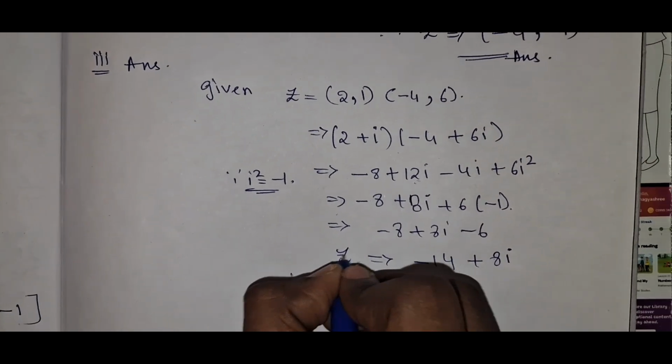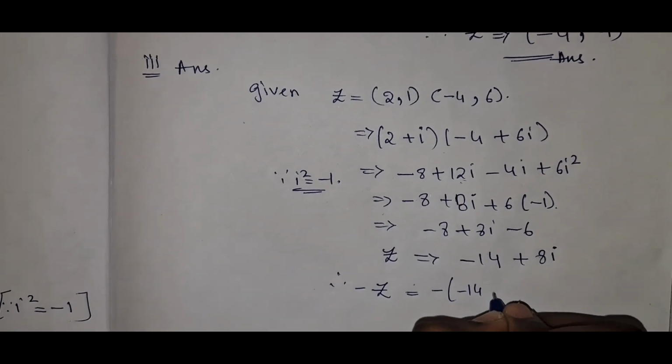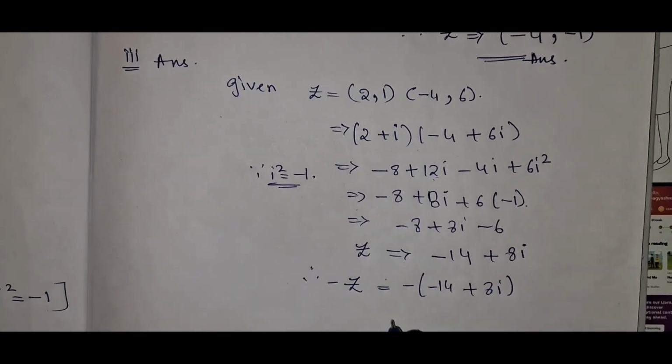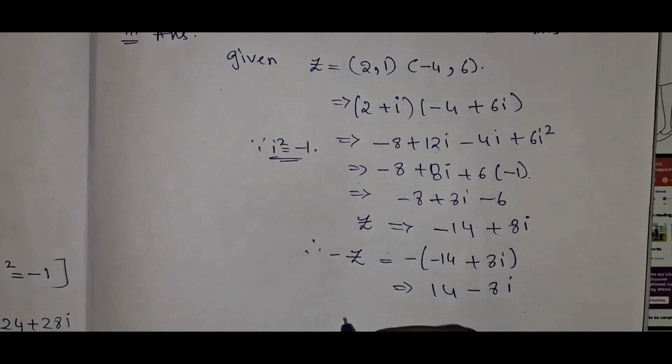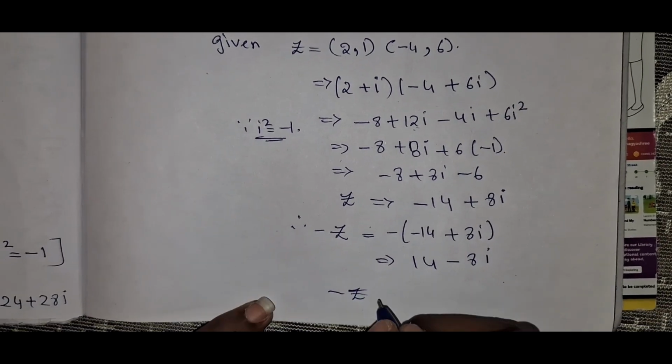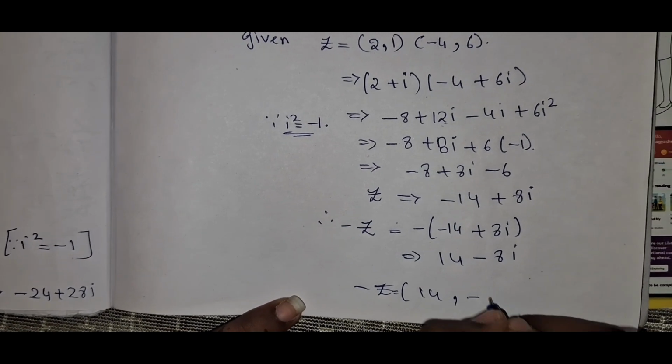Therefore, this is z. Therefore, minus z is equal to minus of (minus 14 plus 8i), which is equal to 14 minus 8i. Therefore, the additive inverse is minus z equal to (14, -8).